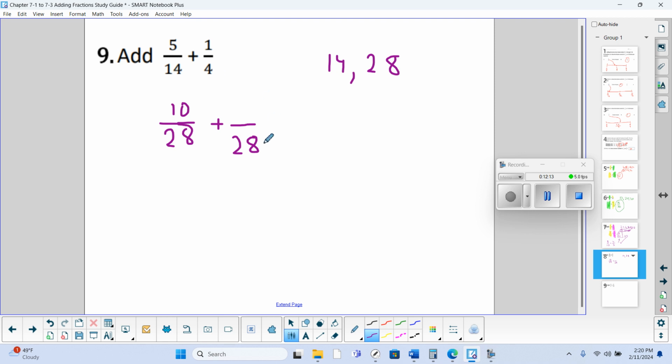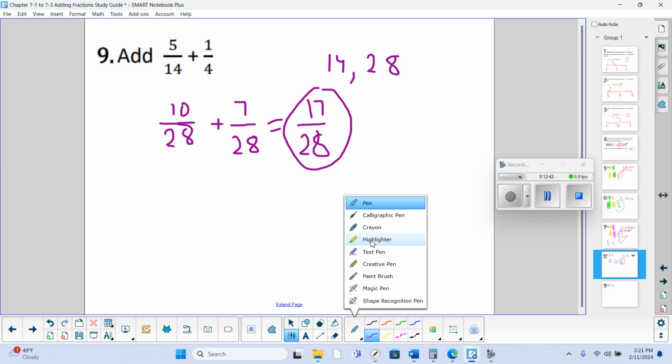To go from 4 to 28, you multiply by 7. So I would take the numerator, also multiply that by 7. So 1 times 7 is 7. So what do I get here? 10/28 plus 7/28 is equal to 17/28. That's how you add those.